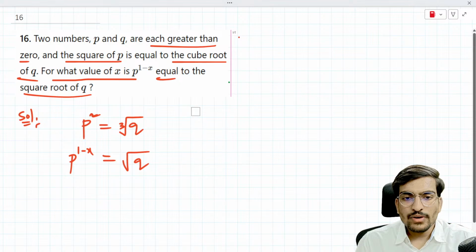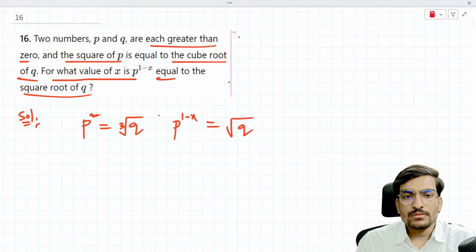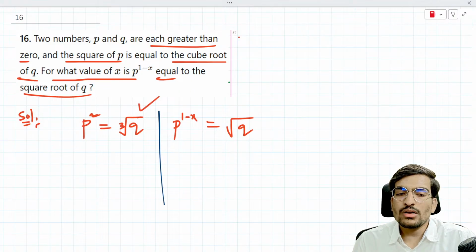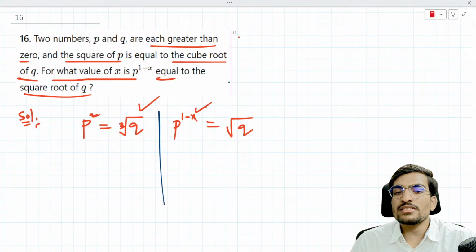So we have to find the value of x. This is the given information, because there is no x value. We have to use that and get the value of x, and x is in the exponent.